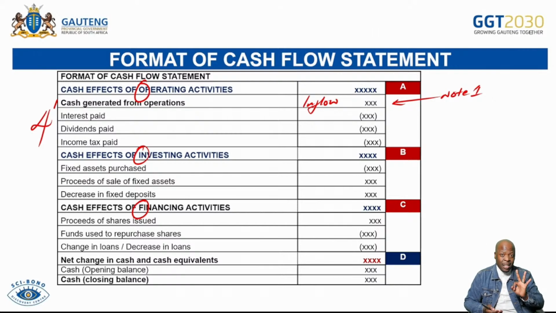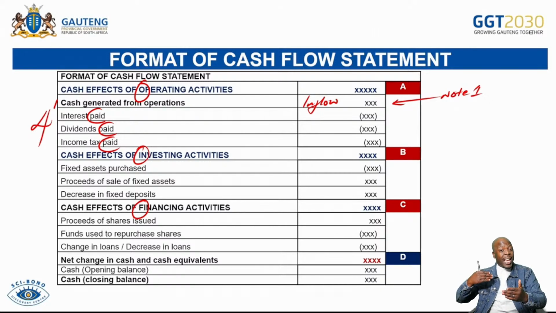And then the other three, you will see that they have similar names. And these names are made similar by this part. Paid, paid, paid. And you can see that the moment I hear the word paid, it simply means cash is going out. The purpose of the cash flow statement is to indicate to the company when is cash coming in, inflow of cash, and when is cash going out, outflow of cash.